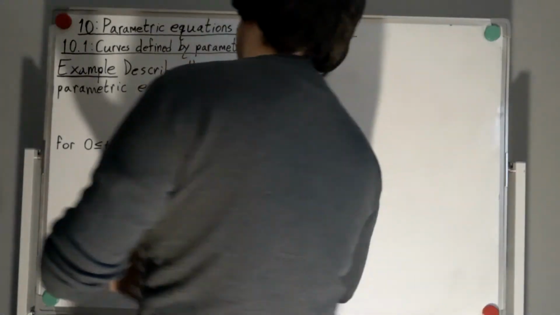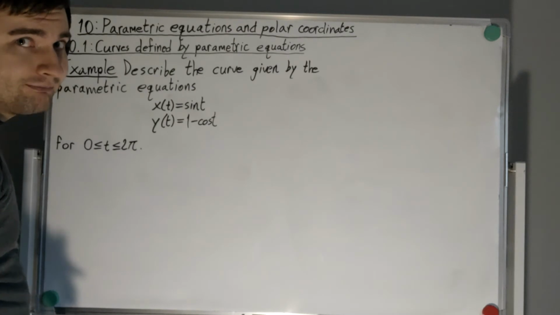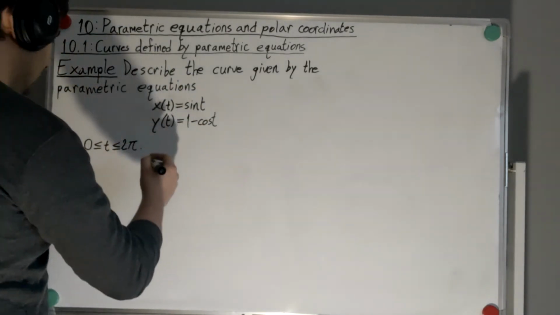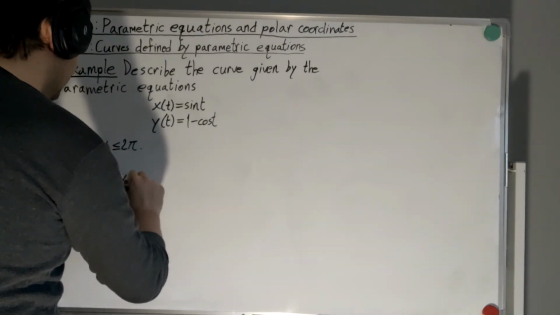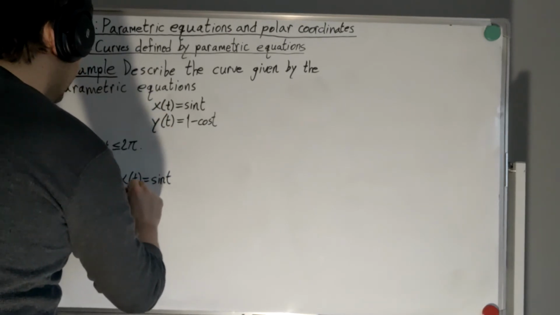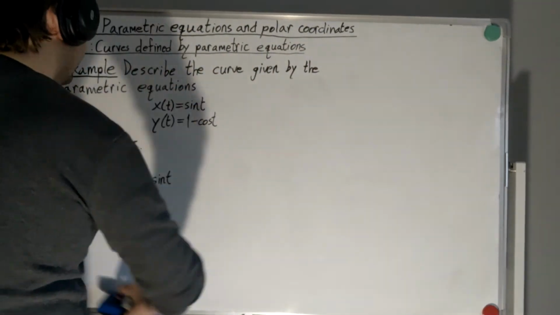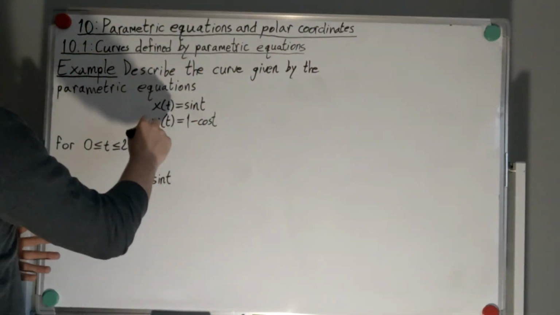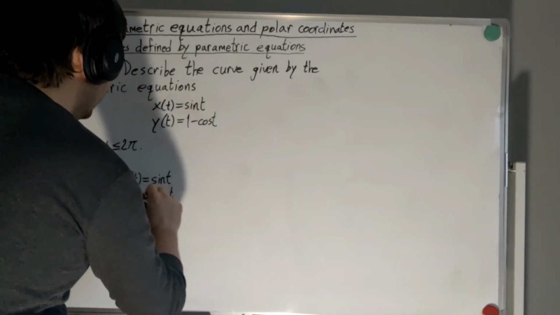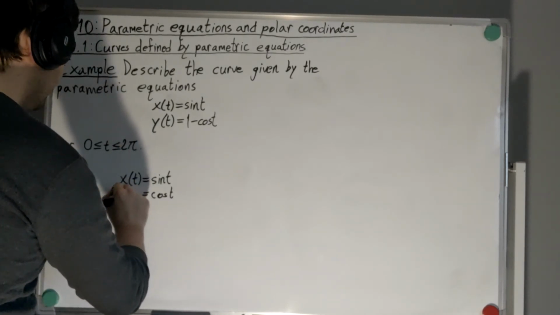All right. Well, again, it has sine and cosine with the same argument in it. So let's see if we can just use the Pythagorean identity. Okay. So let's see here. x of t is sine t. y of t is, or well, cosine t is 1 minus y, actually. 1 minus y of t.